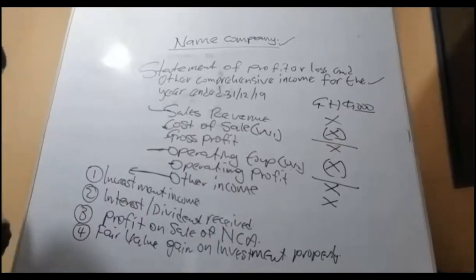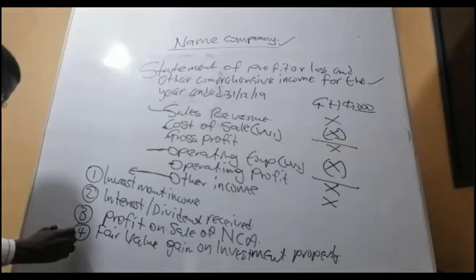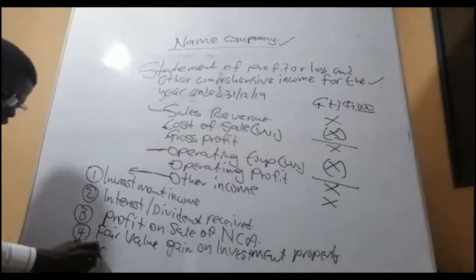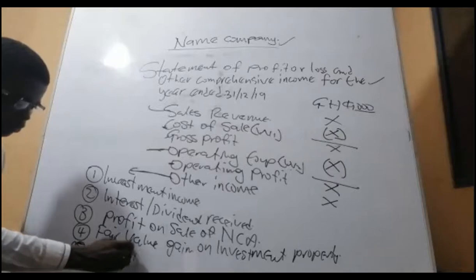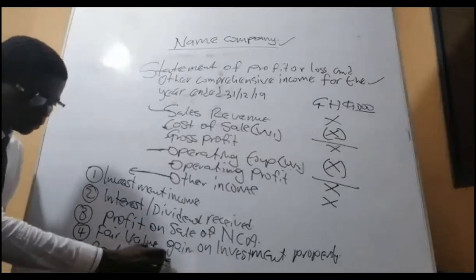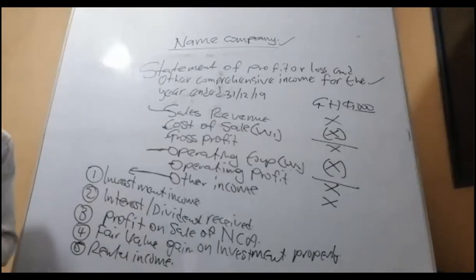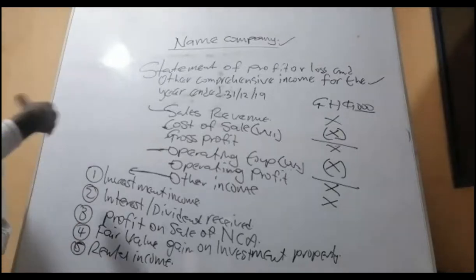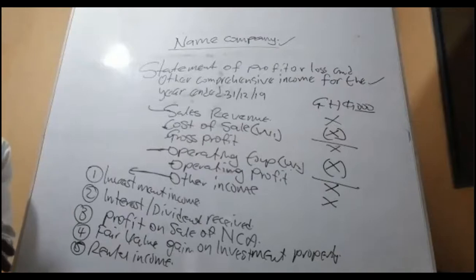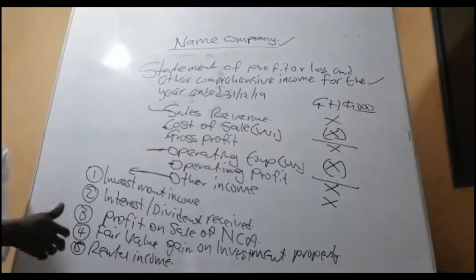The other ones can also include rental income. We also talk about rental income. In fact, these are not all. These are the common ones that you may see in your exams.